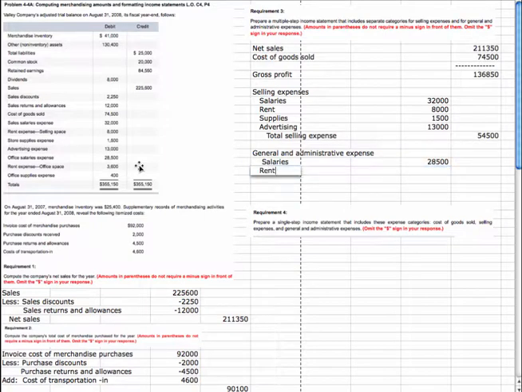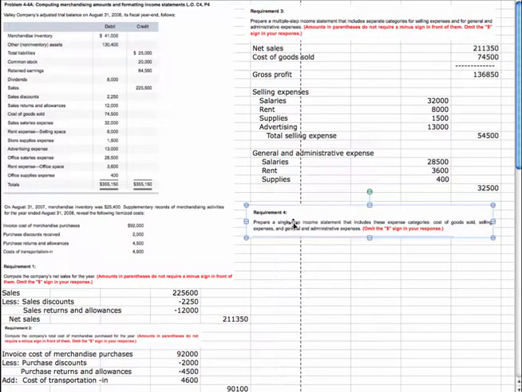My rent, and that was $3,600. Supplies of $400. So that gives me my total general administrative of $32,500.